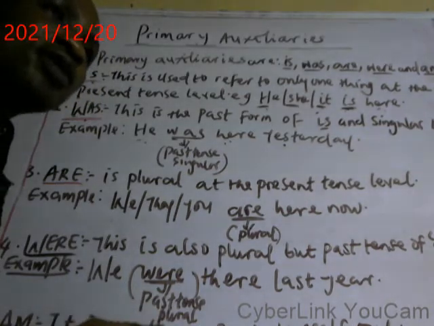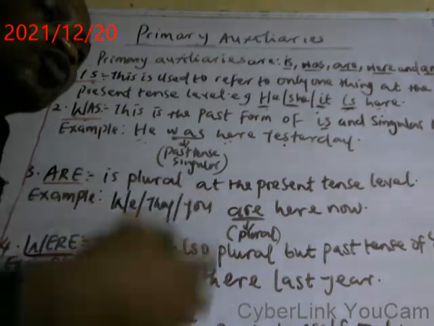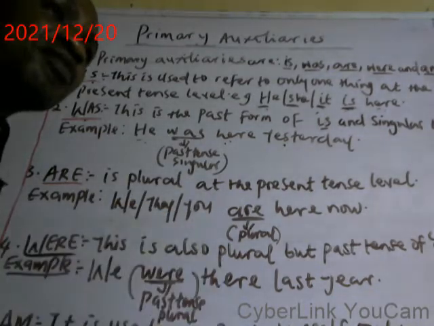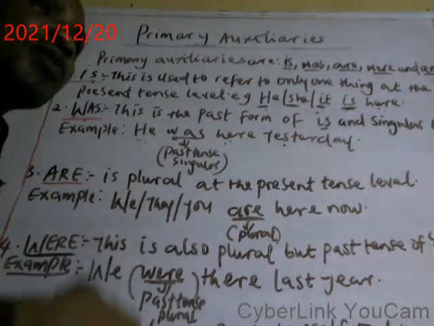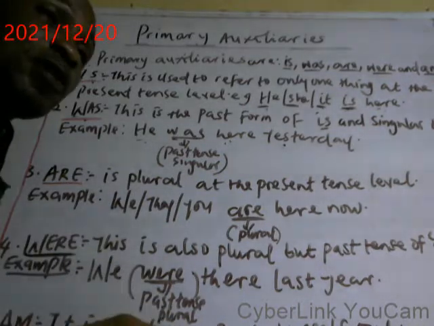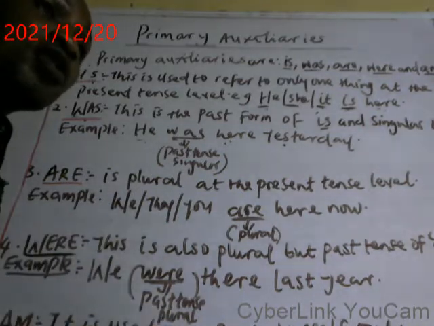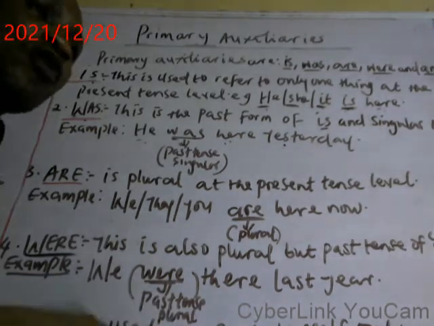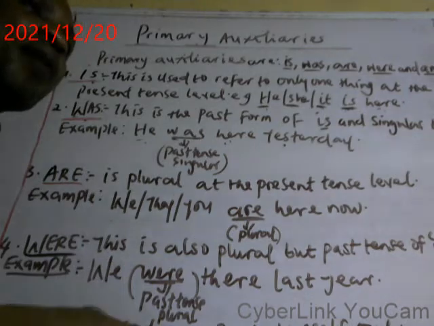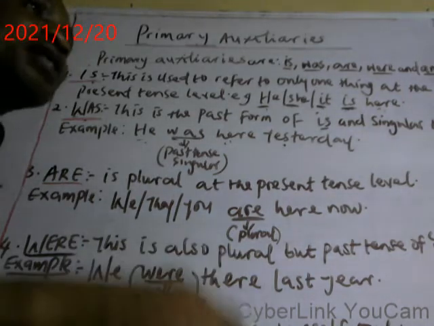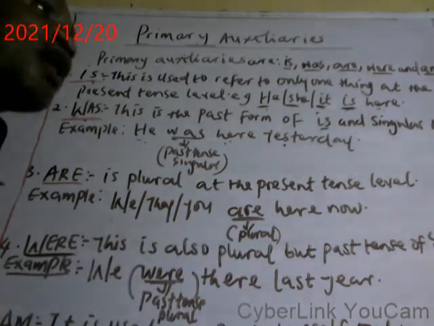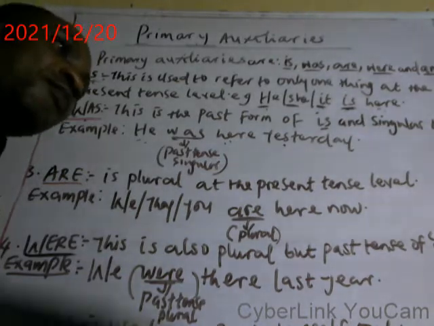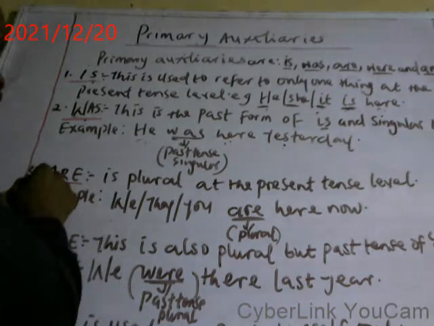It then means that when you have 2, 3, 4, it may be persons, it may be items, it may be anything. In as much as such things exist in plural form, and you want to make use of the primary auxiliary verb at present tense level, the time of action indicates something that happens presently, make use of what?